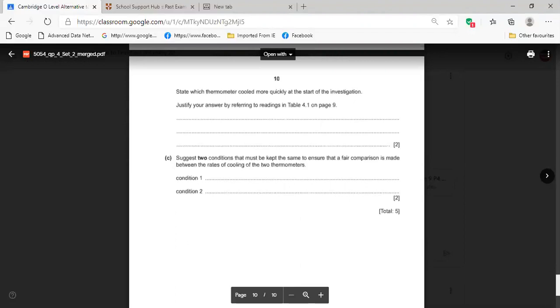Like our room temperature is 30 degrees, and the water temperature we are taking is 80 or 90 degrees. Then the gap between room temperature and water temperature is around 60 degrees, right?